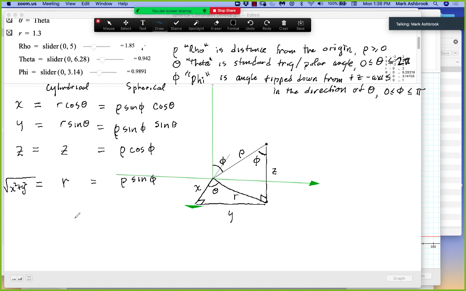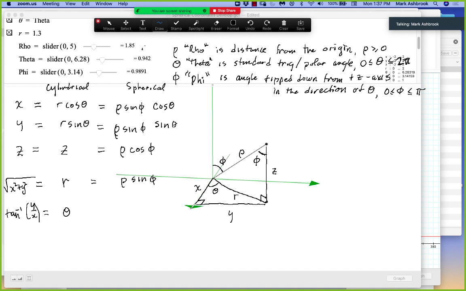Okay, next. We know theta. What is theta in rectangular coordinates? How do we solve for theta in rectangular coordinates? Remember what we do to get this angle measure? Is it arctan y over x? Mm-hmm. Arctan y over x.